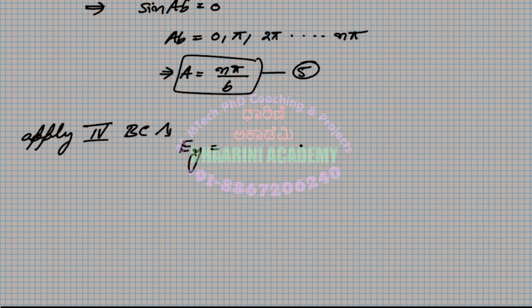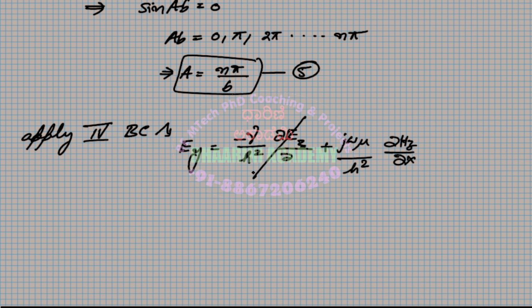So EY we already have derived, that is given by minus gamma by h square, partial derivative dou Ez divided by dou y plus j omega mu divided by h square times dou hz by dou x. Okay, so that's our equation, in which again I know that this is 0.